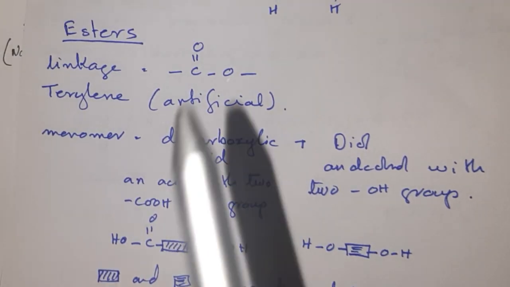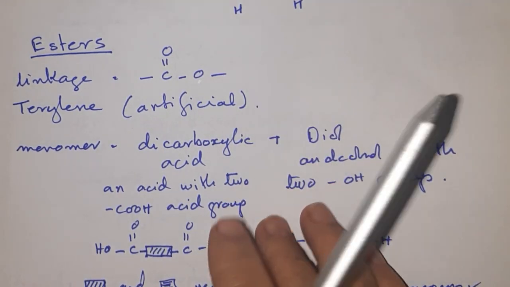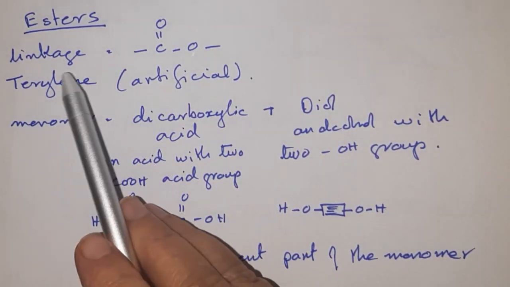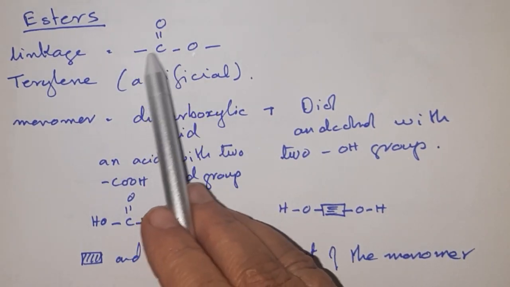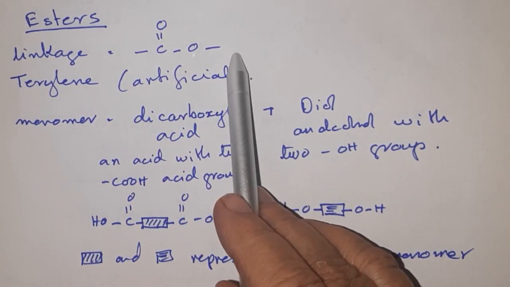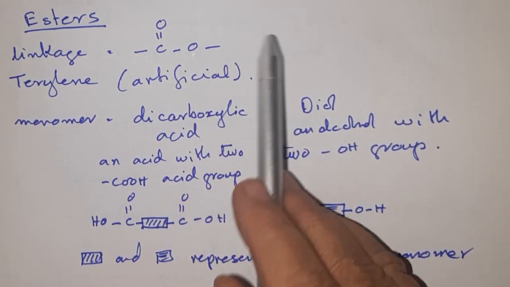Now we come to the esters, another polymerization we are going to discuss, and the linkage over here is, you can see, carbon double bond O. Esters we have already discussed. You can find this in the given link.